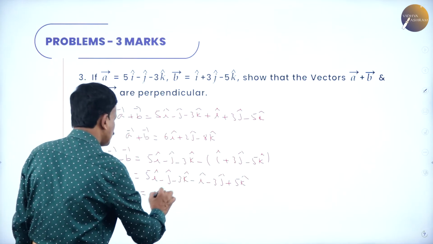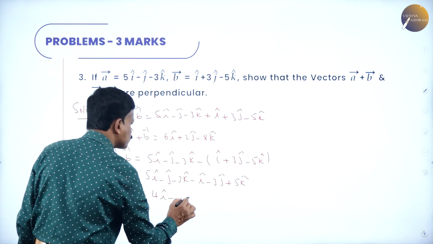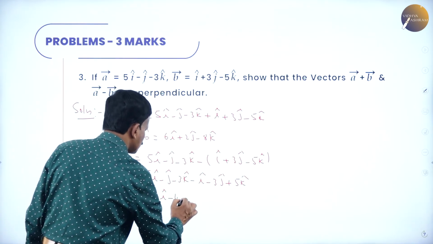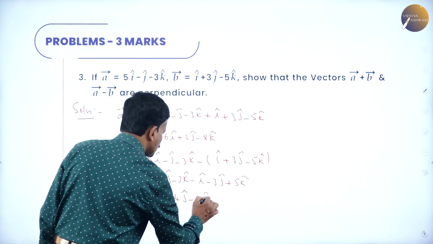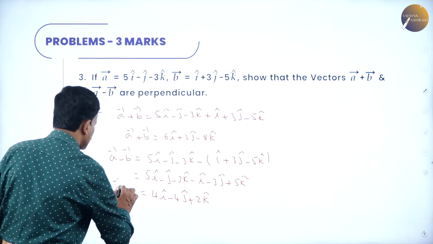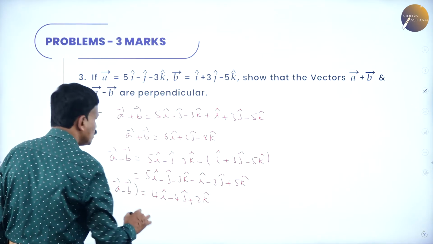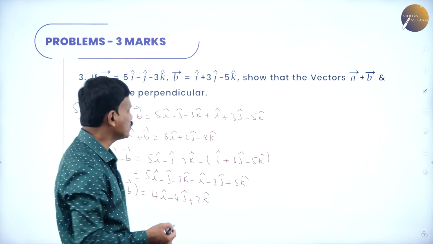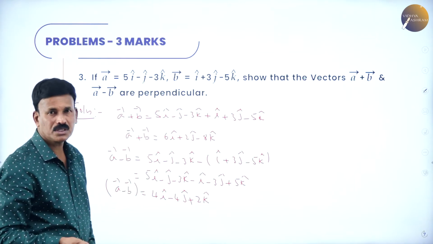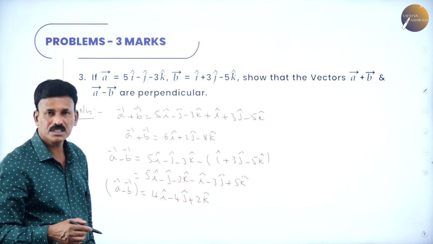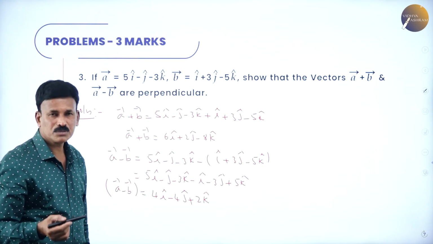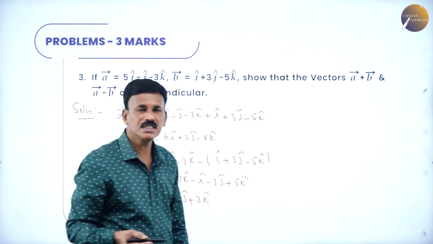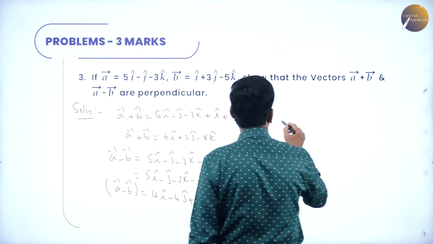So 5i minus i is 4i, minus j minus 3j is minus 4j, and minus 3k plus 5k is plus 2k. This is vector A minus vector B. Hope you followed this. Addition and subtraction of vectors we have studied already in our previous classes. Add or subtract the corresponding coefficients of i, j and k, and you will get A plus B and A minus B.